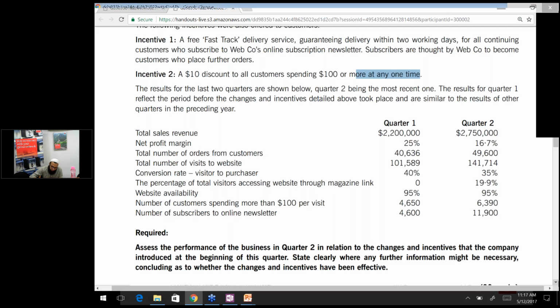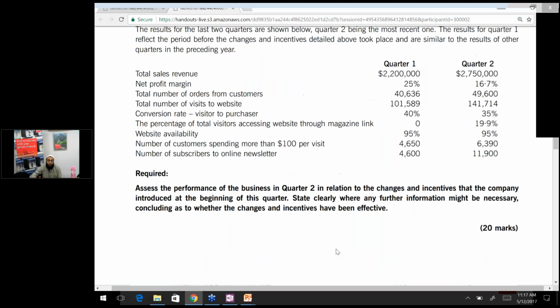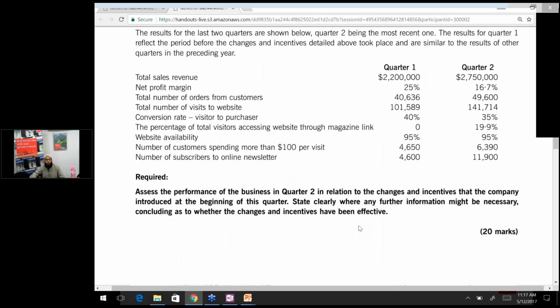These are the data given to you. So what you have to do as per my instruction, you have to try to calculate ratios wherever possible. Okay? Assess the performance of the business in Q2 in relation to the changes and incentives that the company introduced at the beginning of this quarter.